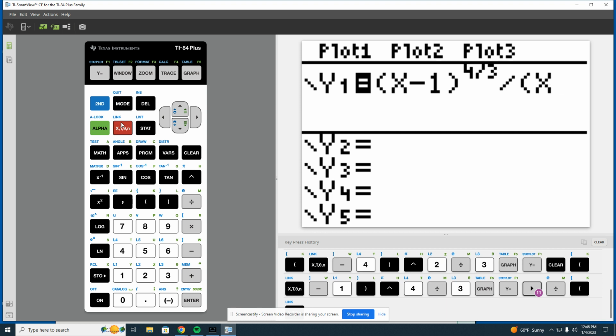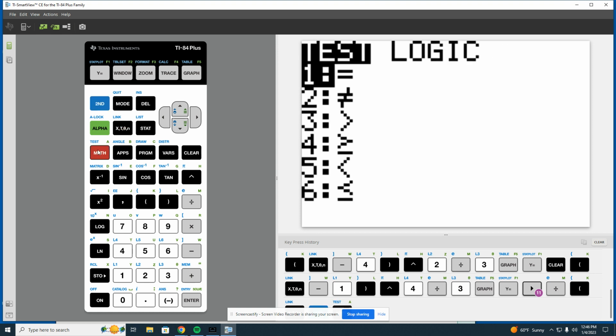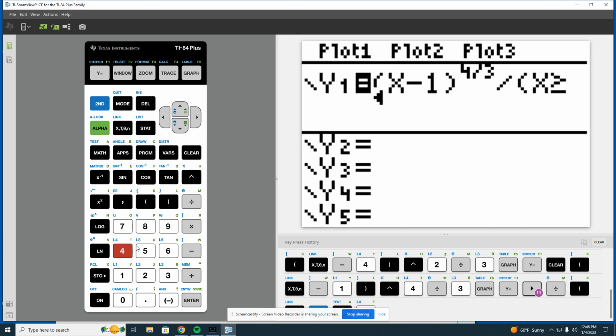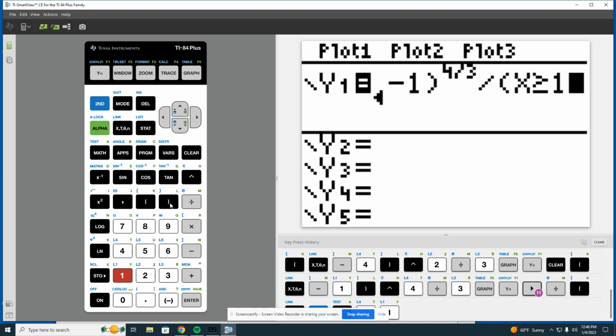Is everybody caught up with me? And to get that inequality, you're going to go second math. Second math. And which one do we want there? We want number 4, greater than or equal to, and then 1. And then close that out.